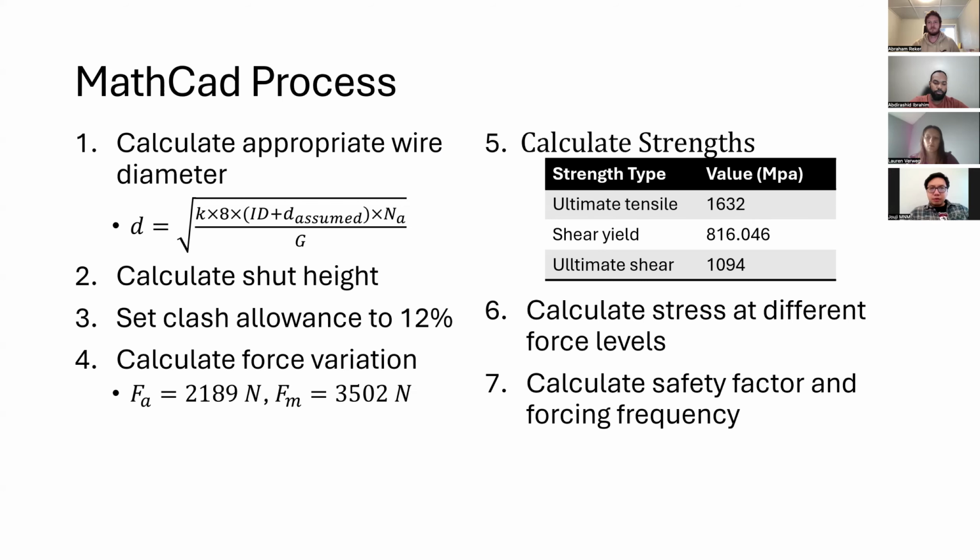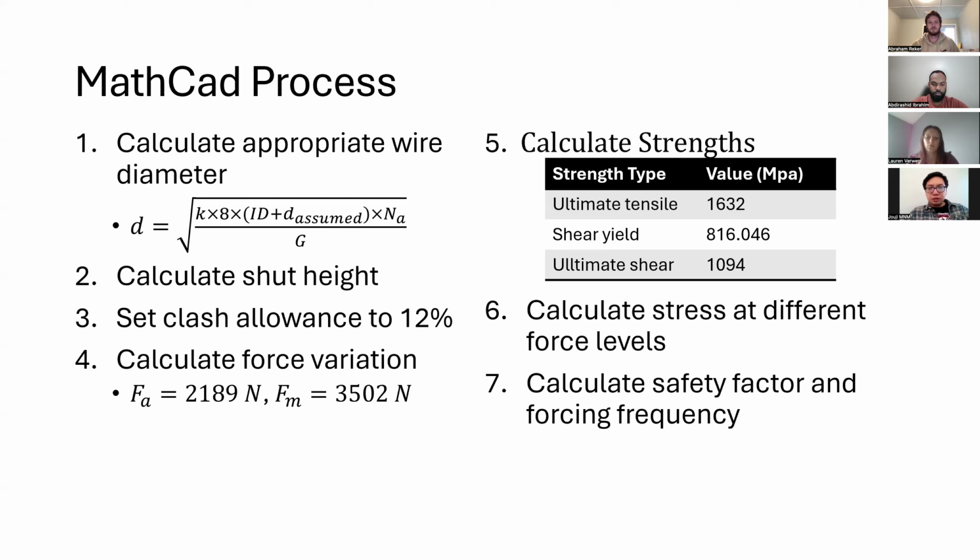So for the MathCAD process, the first thing we thought was important is to calculate the appropriate wire diameter. For this one, the D assumed has to be close or equal to the D value that we got. Second is to calculate the shut height, making sure that the spring doesn't go lower than the shut height.